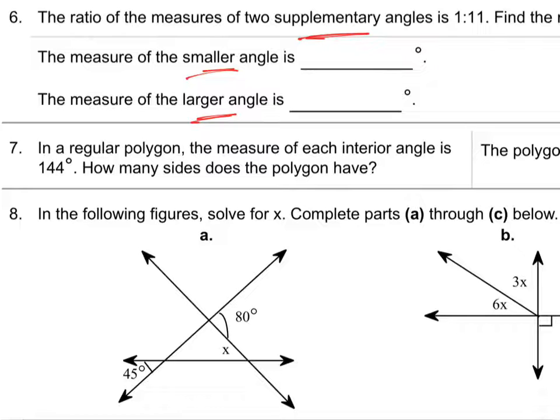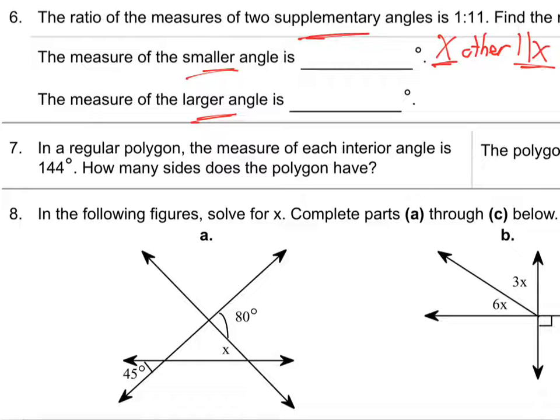All right, so how are we going to do this if their ratio is 1 to 11? That means that one of them is x and the other is 11x. We can just bring in variables. I don't know what either one of them is right now, but I can say that one of them is x and the other one is 11x.